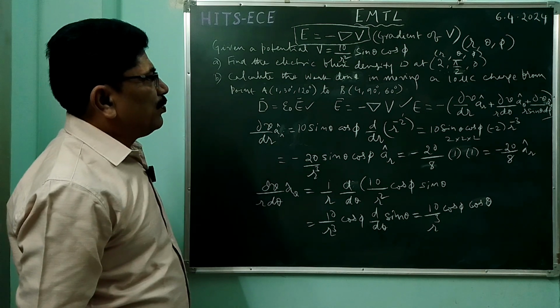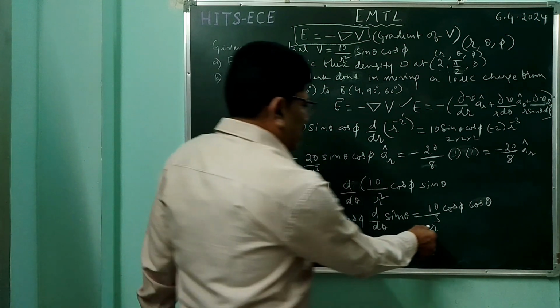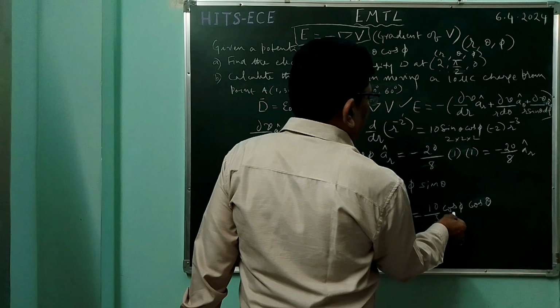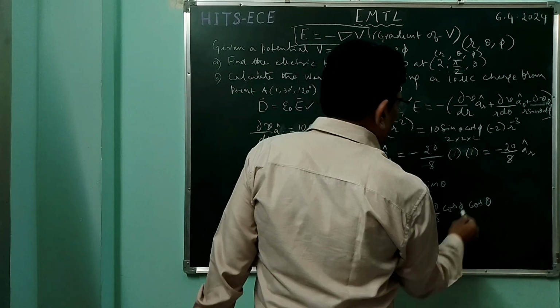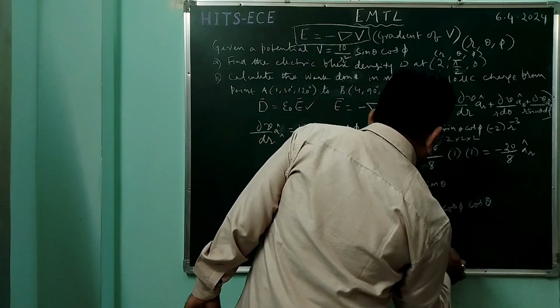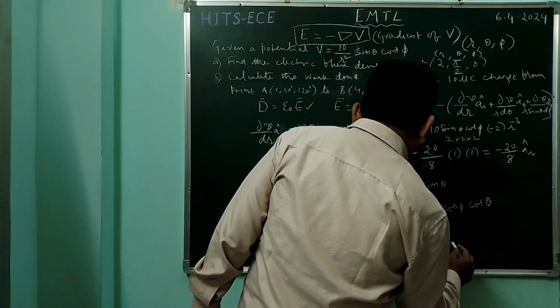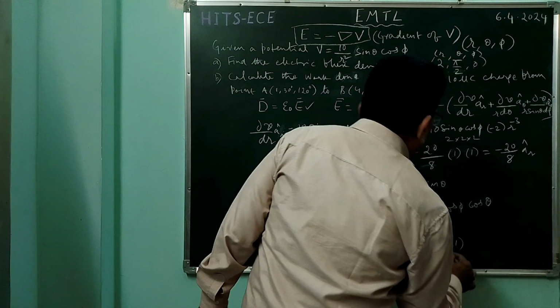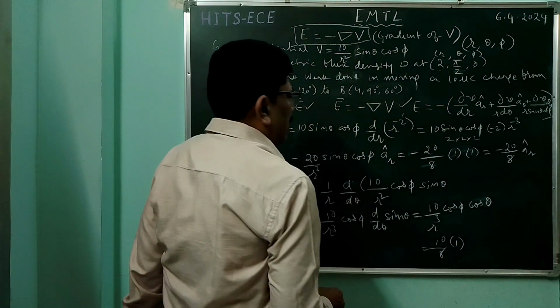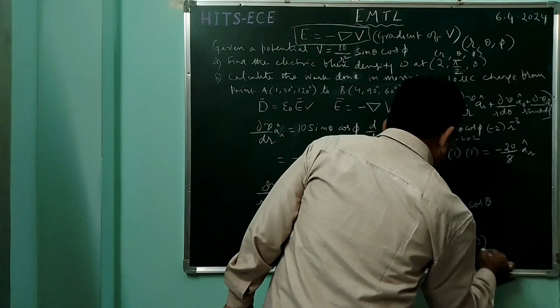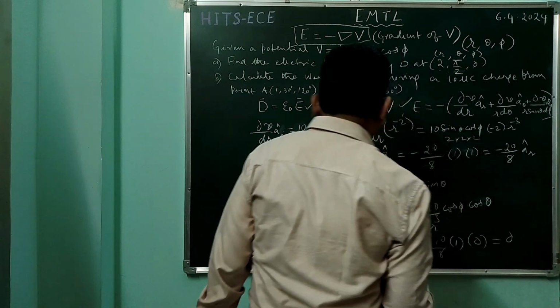Now let us substitute the values: 2, 5 by 2 and 0. Substituting 2, r cube is 8, and cos 0 is 1, so 10 by 8, and cos 90 is 0. So this term will become 0.